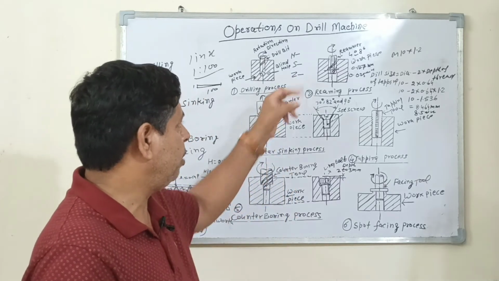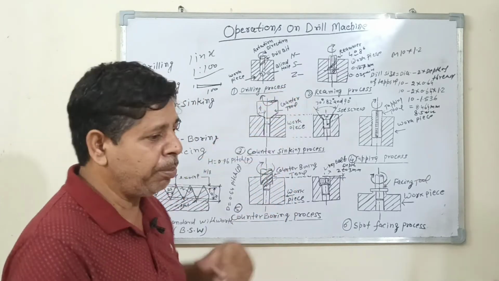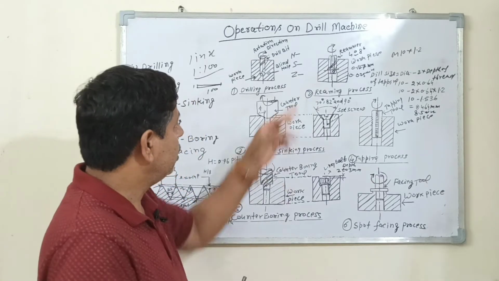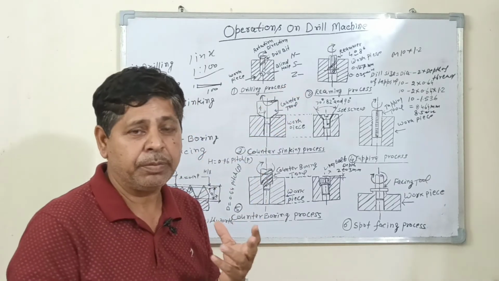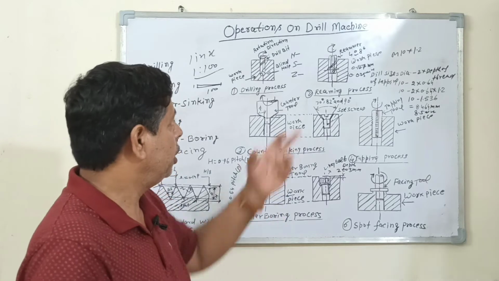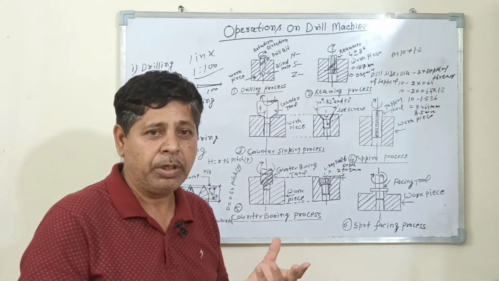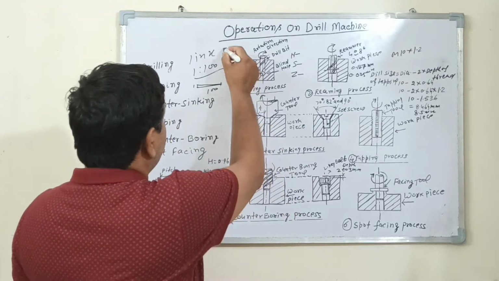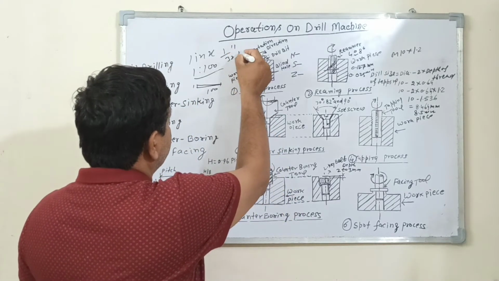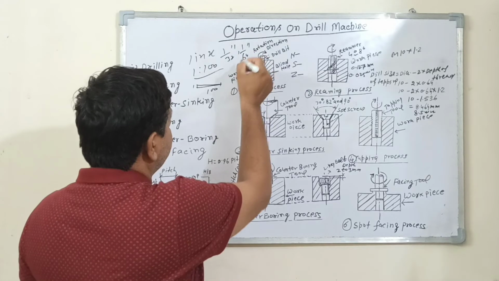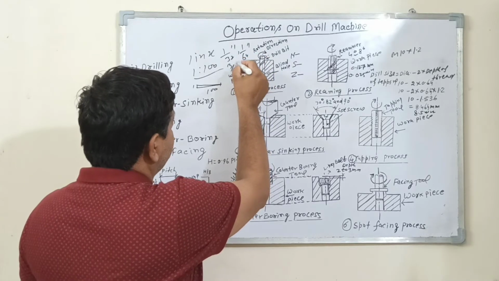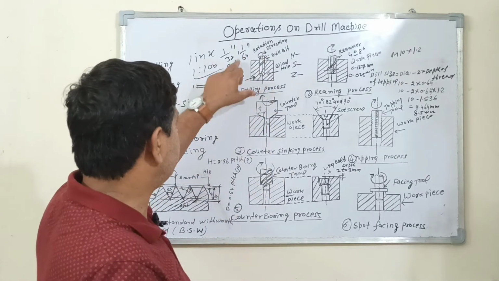The second is lettered, numerically A to Z. The third is fractional. Fractional means 1/32 inch, 1/64 inch or 3/4 inch. They are available in the market.